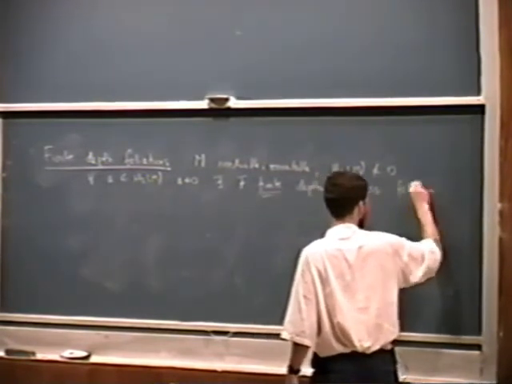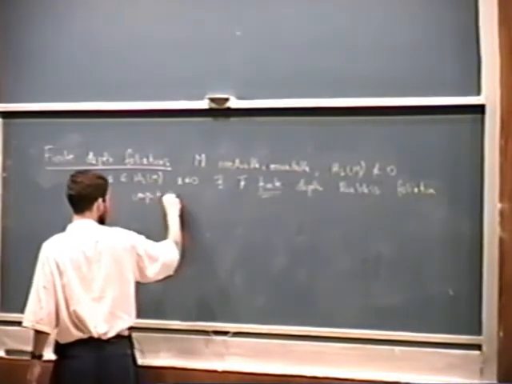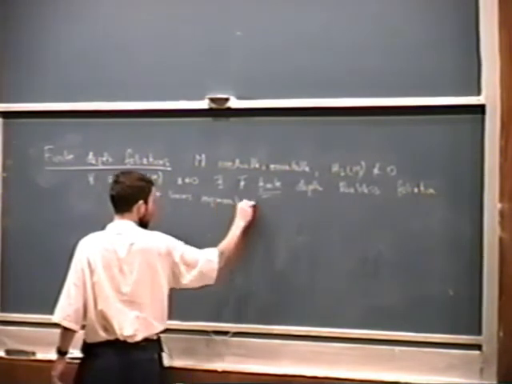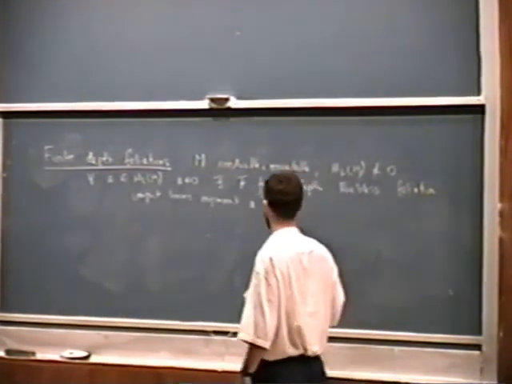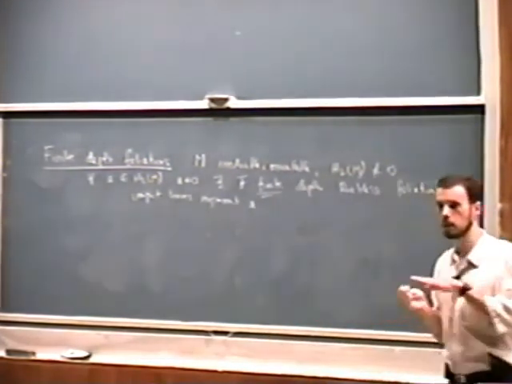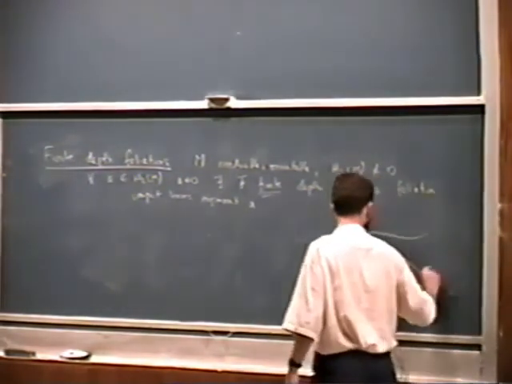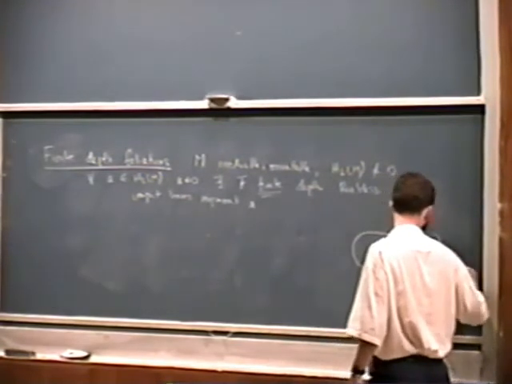so that the compact leaves represent A. Okay? So like Dave was pointing out, finite depth means that the leaves are properly embedded. Properly embedded means that they never limit on themselves. Okay? So there are some compact leaves, which are the depth zero leaves.